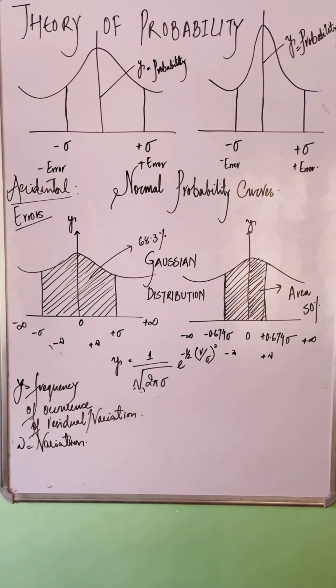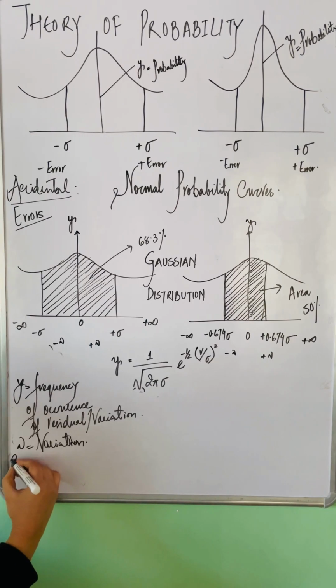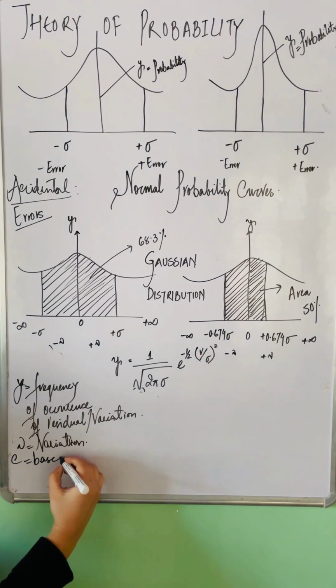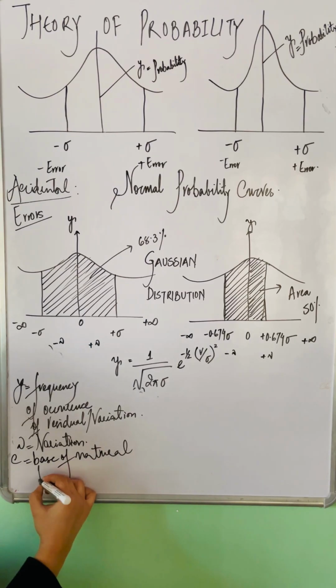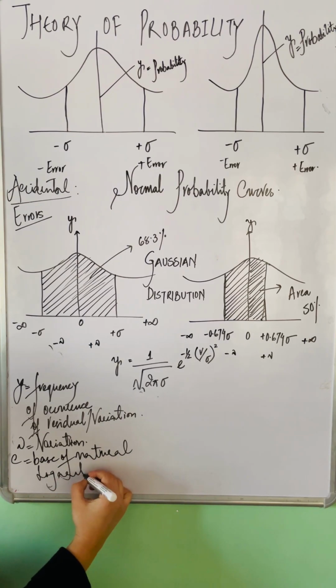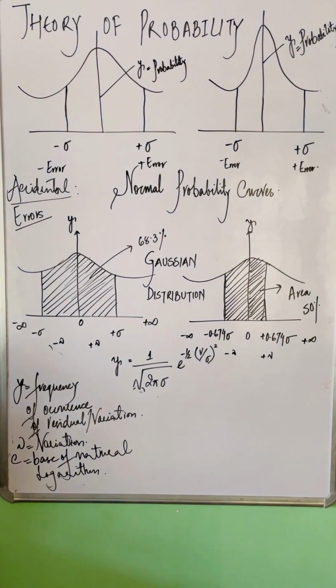E is the base of the natural logarithm, and sigma is the standard deviation.